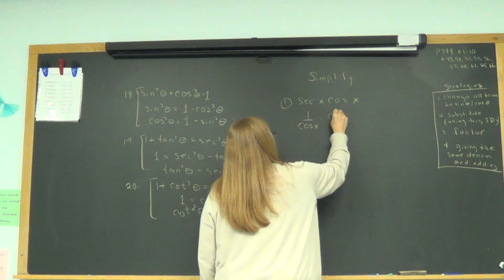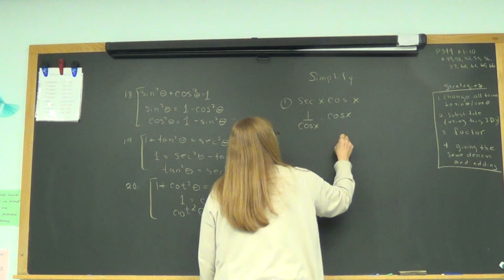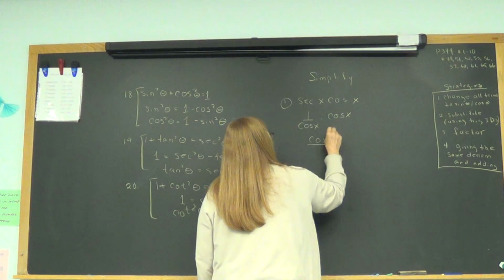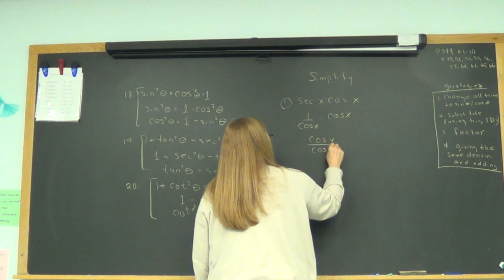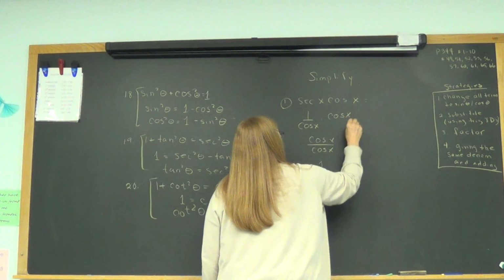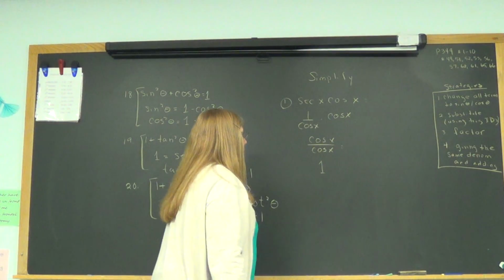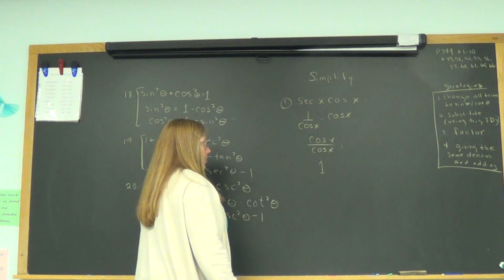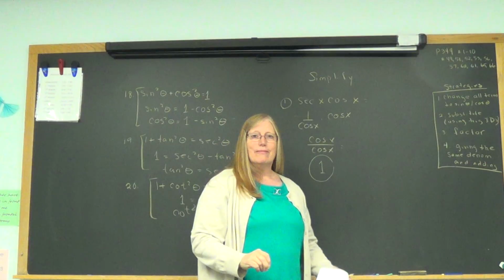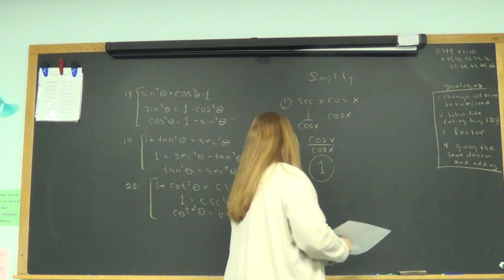And cosine is already cosine, so look at this. We get cosine x in the numerator and cosine x in the denominator, so cosine x over cosine x equals 1. I would say that we simplified that. All right, let me show you another one.